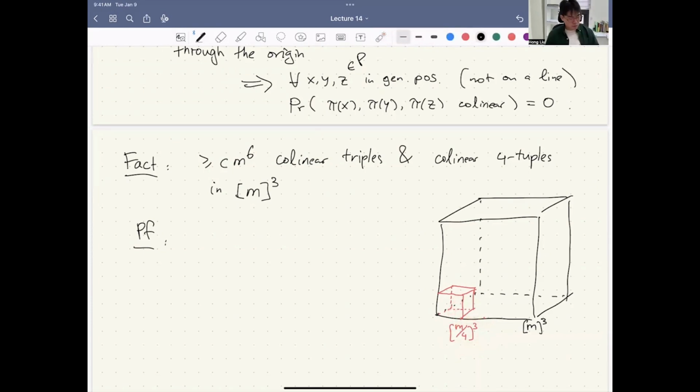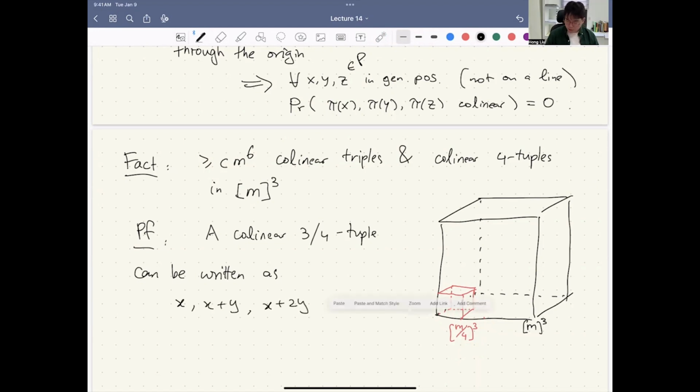So let's write it down. A collinear 3- or 4-tuple can be written as x, x plus y, x plus 2y, or x plus 3y if you want a 4-tuple.